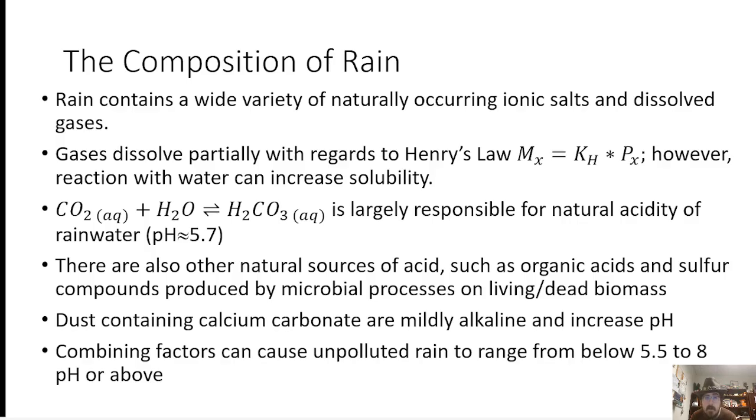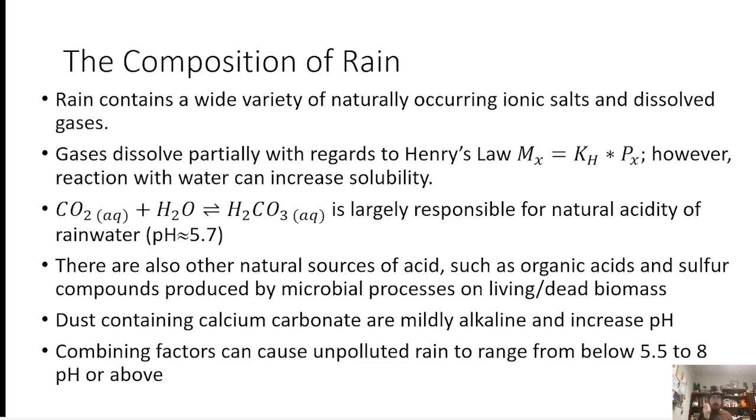Now, there are also natural sources of acids, such as organic acids and sulfur compounds that are produced by microbial processes on living or dead biomass. Dust will contain calcium carbonates that are mildly alkaline, basic, and that will increase the pH.